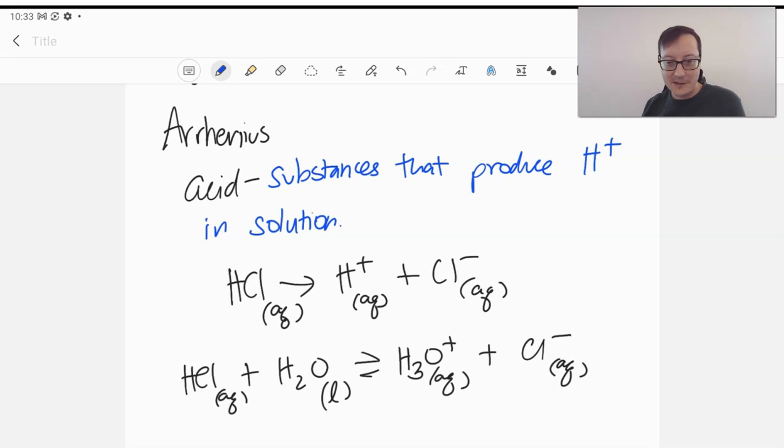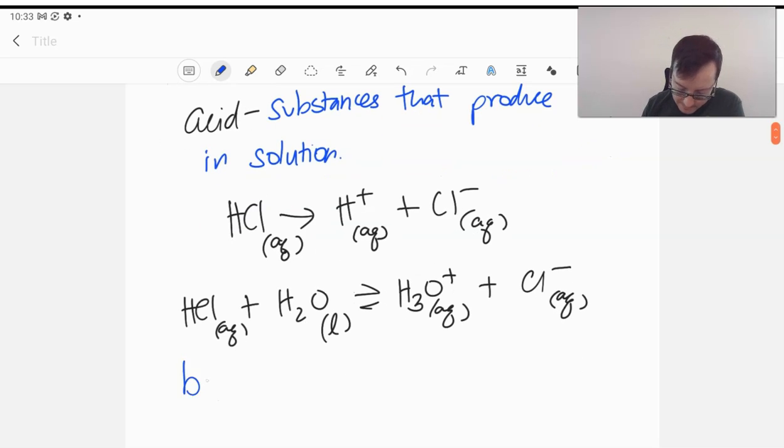So I'll be using H plus, but really understand that H3O plus would be the species we're looking at. So acids produce H plus in solution. We see hydrochloric acid here as a reactant dissociating or reacting with water, take your pick, to form H plus. And so it's an acid.